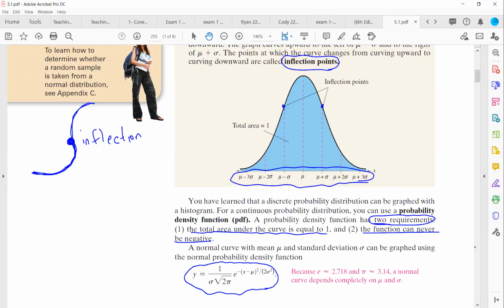You don't have to worry about this crazy function. This function is built in your calculator. We also use the z-table to find probability for this function.